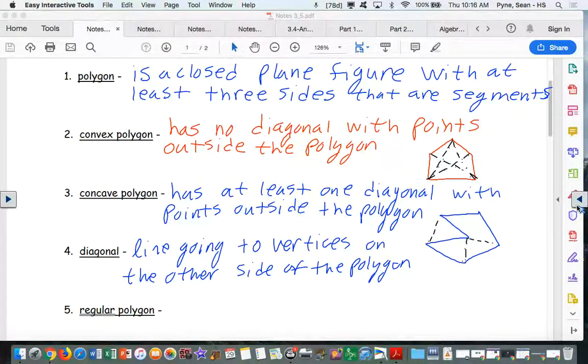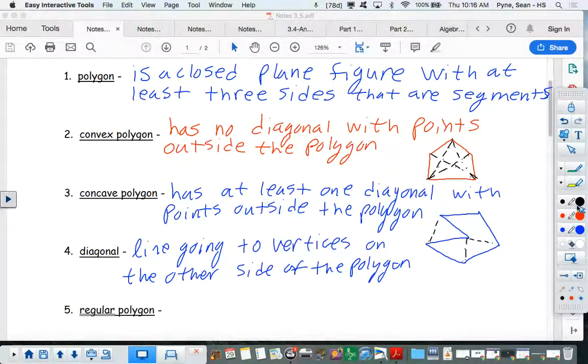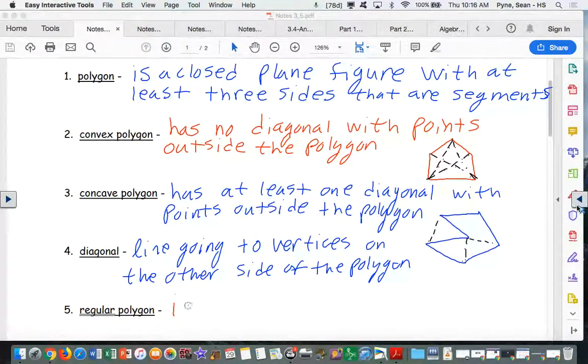All right, and a regular polygon. A regular polygon is both equilateral and equiangular.